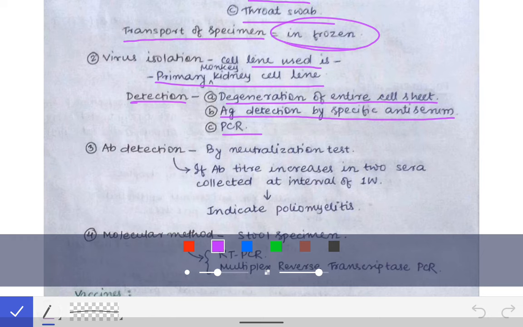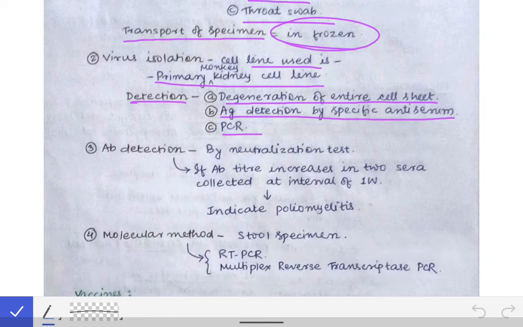Now coming to antibody detection. The antibody can be detected by neutralization test. How? The antibody titer increases in two sera collected at an interval of 1 week.